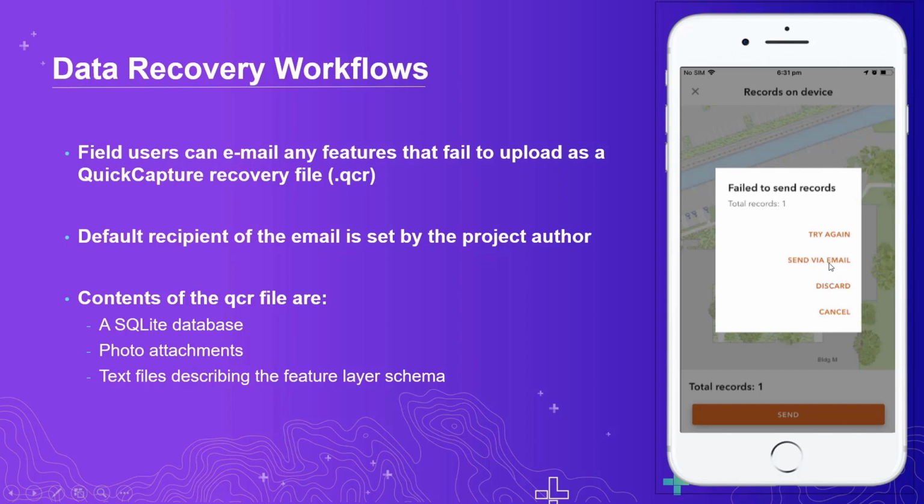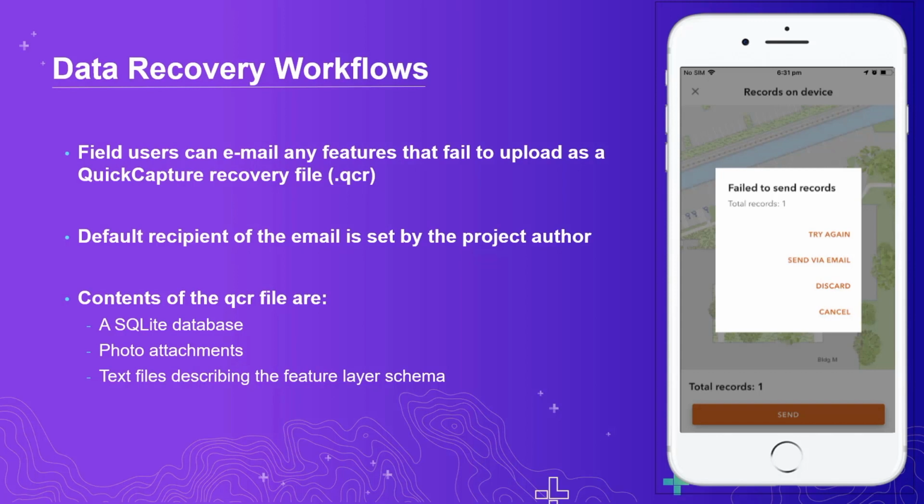If they choose this option, an email will be sent to the owner of the QuickCapture project. And that email will have an attachment, a QuickCapture Recovery file. It's basically a file with an extension QCR, as in QuickCapture Recovery. And this is a file that contains a SQLite database, all the photo attachments, and also text files describing the feature layer schema that we were trying to target.